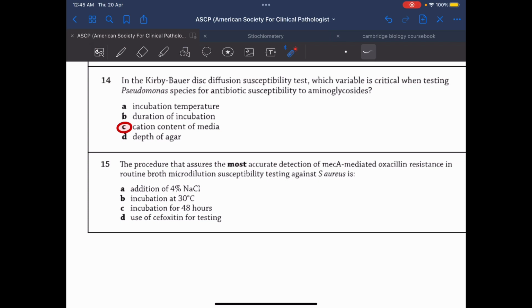Cefoxitin is used as a surrogate for mecA mediated oxacillin resistance in Staph aureus.